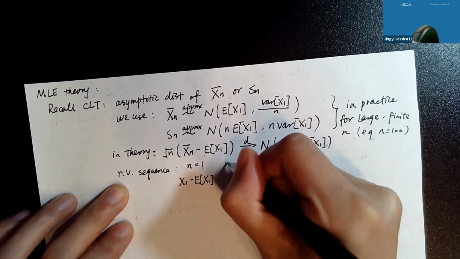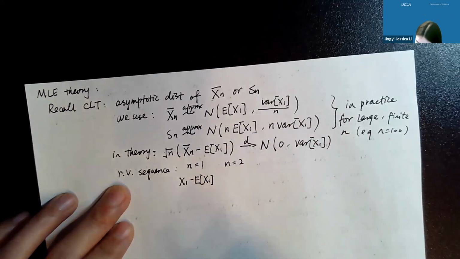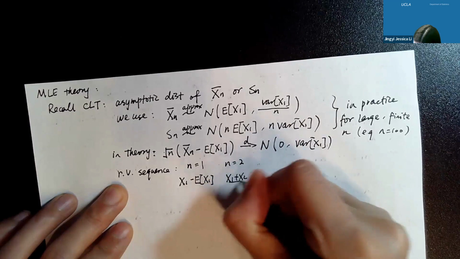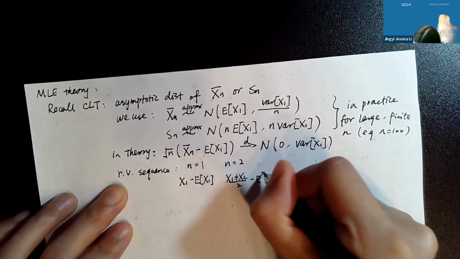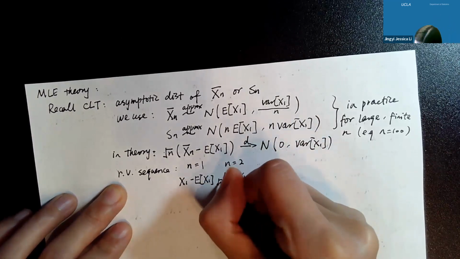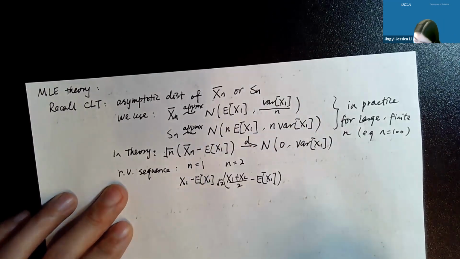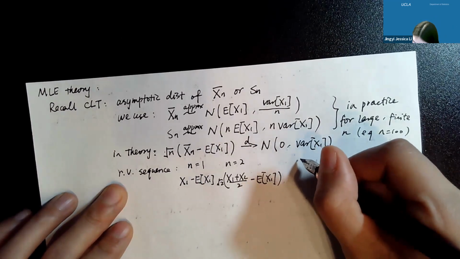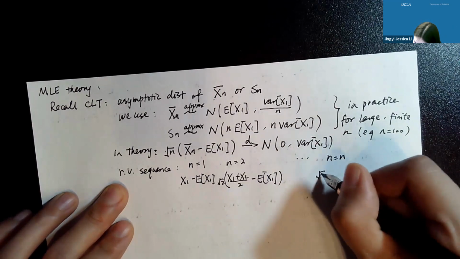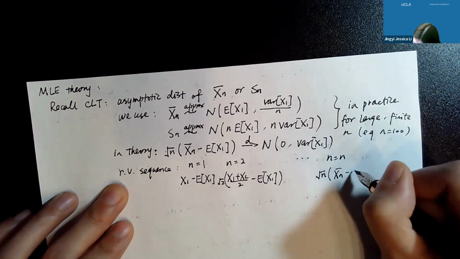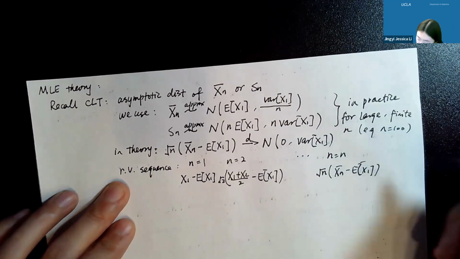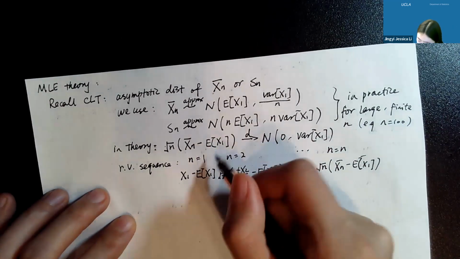Okay, for n equals 2, you are going to have the average of X1 and X2. Okay, but now you are going to multiply this by root 2. And for n equals 3 and so on, so for n equals n, then you're going to have this. Okay, and so on.